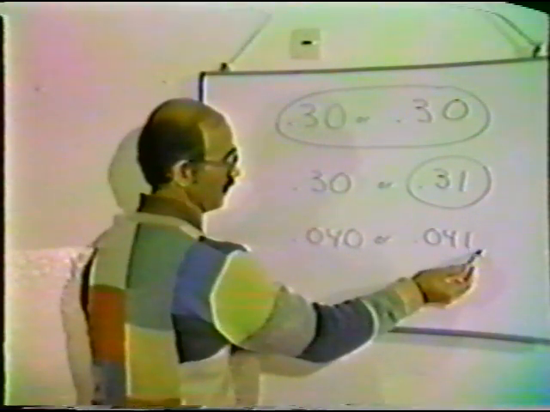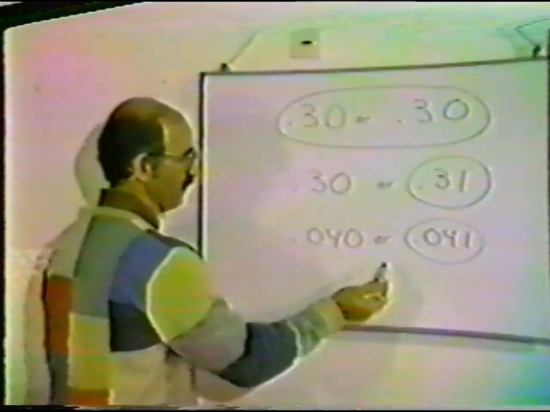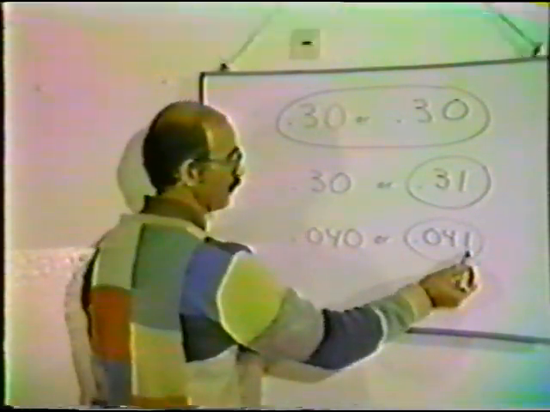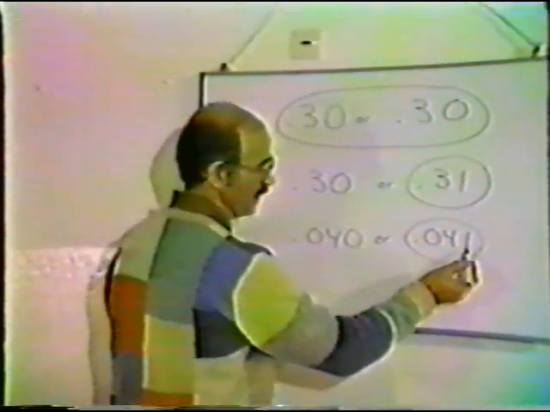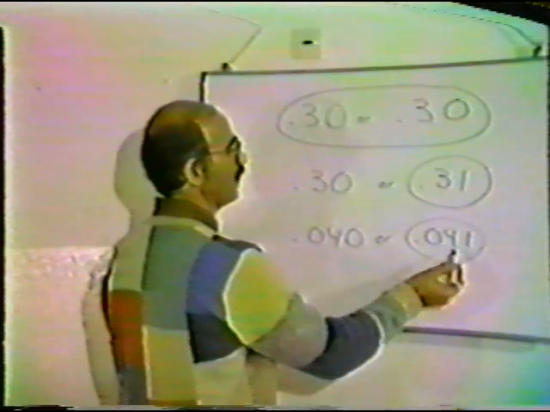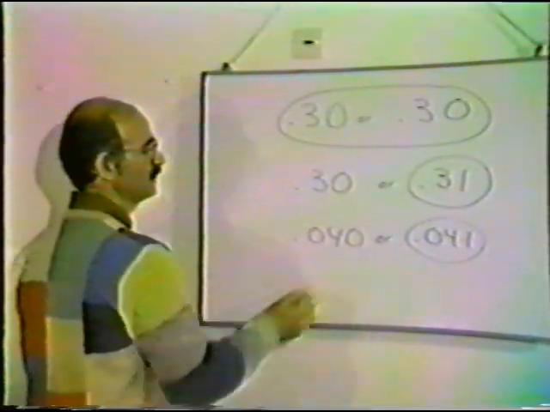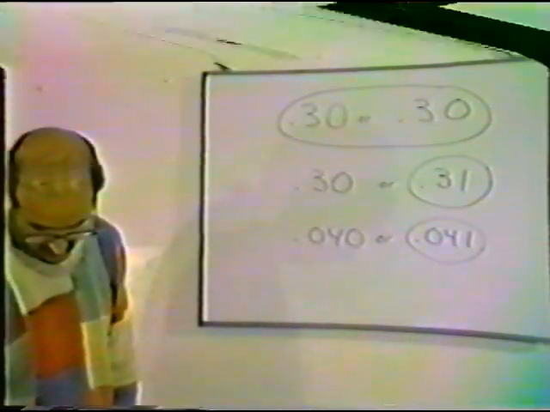Read this number. 41 thousandths. First you read the number, then you read the place that you had to go to read that number. The end of that number. 41 thousandths is larger than what? Than 40 thousandths.